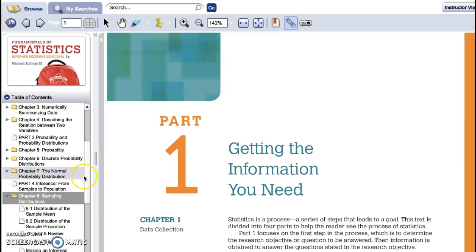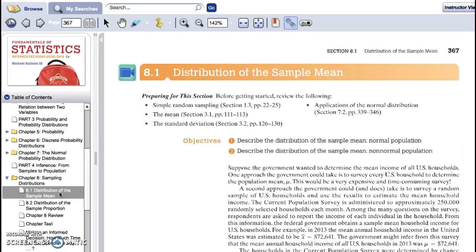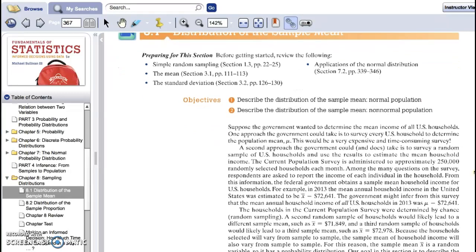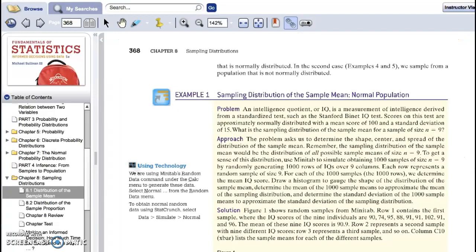Your book will go through the illustration and show you how to use z-scores, but going to StatCrunch allows us to skip the step of using z-scores and just use the built-in normal probability calculator. So you want to make sure you're carefully reading Chapter 8, the theory behind the sections.